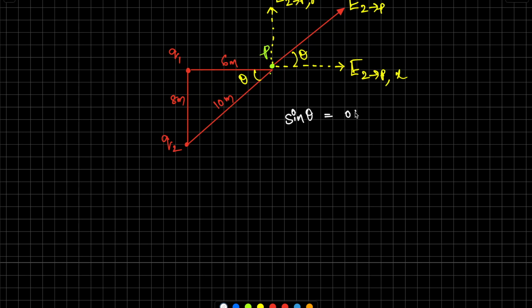equals opposite over hypotenuse. For this right triangle, this is the 90-degree angle, so the side opposite the 90-degree angle is the hypotenuse. This is theta. Opposite of theta is the opposite side. The side touching theta is the adjacent side. So sine theta will be the opposite side, which is 8, over 10.